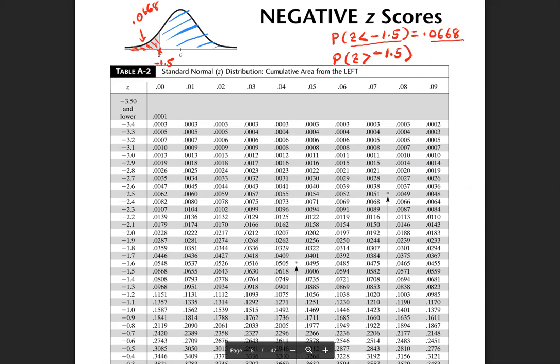I'm asking for greater than. Remember, Z values are on the horizontal line. The probability that Z is going to be greater than negative 1.5 means I'm asking for the blue shaded region. What is the area of the blue shaded region?